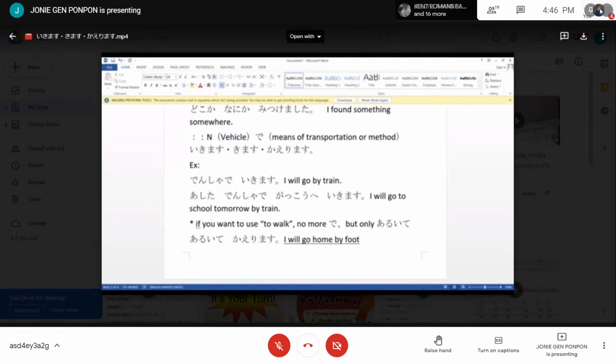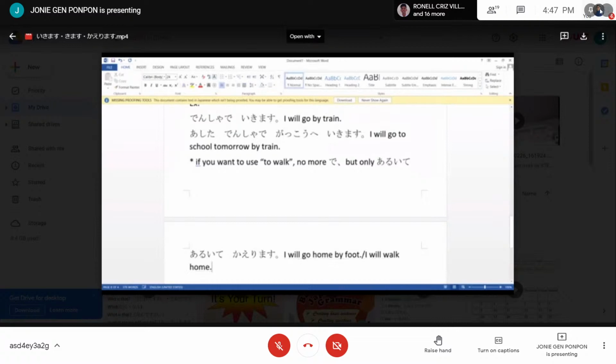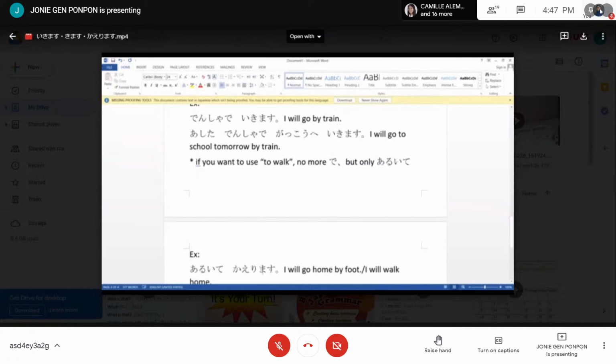Kung gusto mo talaga yung by, merong by na means of transportation or method of going somewhere. I will go home by foot, or I will walk home. Parang ganun, okay? I will walk home. Okay, so this example is this one. Aruite kaerimasu, not aruite de kaerimasu. Okay, aruite lang. Aruite kaerimasu.